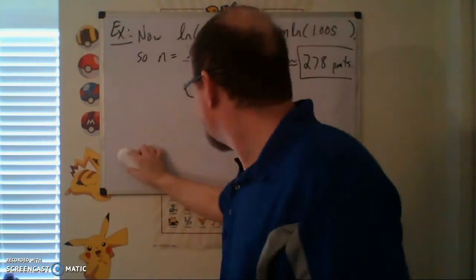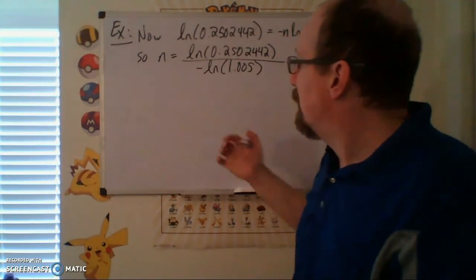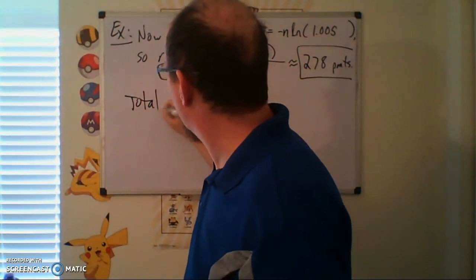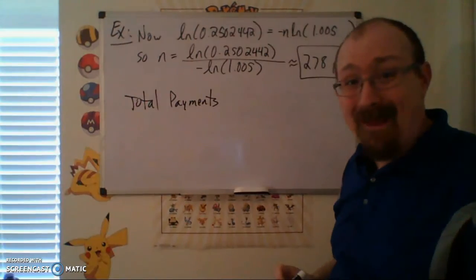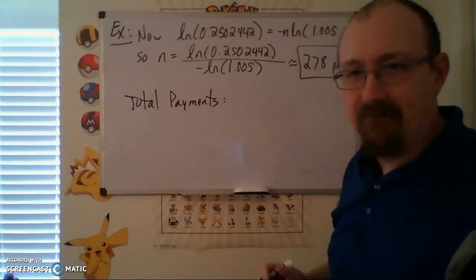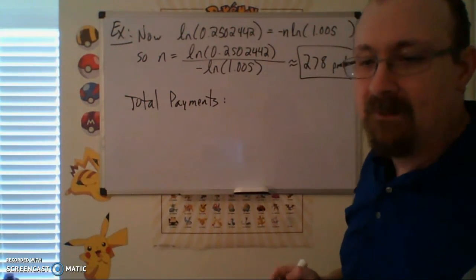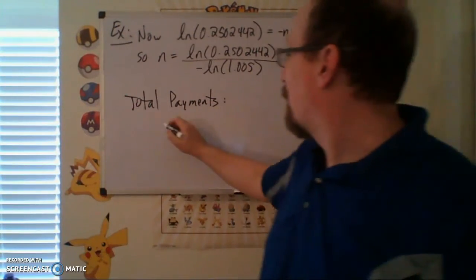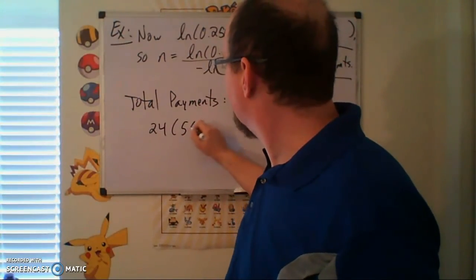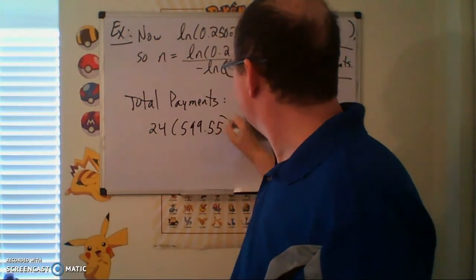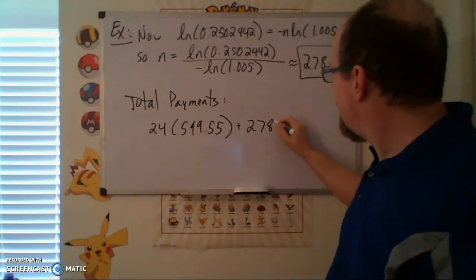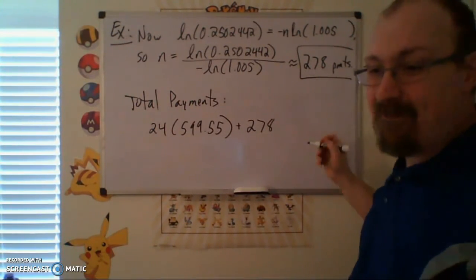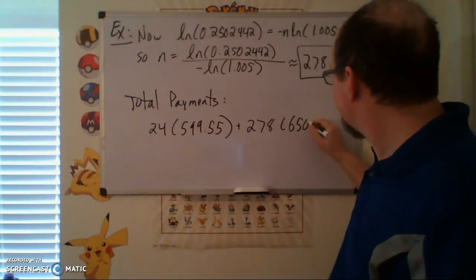All right. So what I want to do before we call it a video here is figure out how much Kate ends up paying in total over the course of repaying this loan. So she made 24 payments at the original amount. So that was $599.55 per what we were given. And then we've got to make 278 payments at the new value of $650.